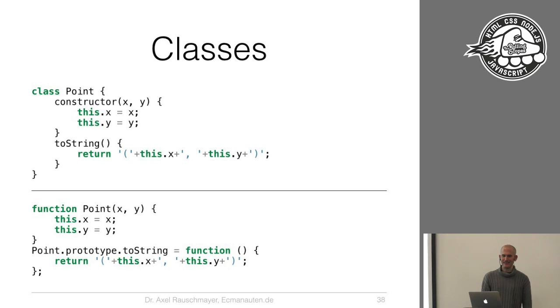Classes. Classes are kind of not that exciting a feature, but on the other hand, as you know, there's quite a few libraries who actually add classes or nicer syntax for specifying constructors to JavaScript.